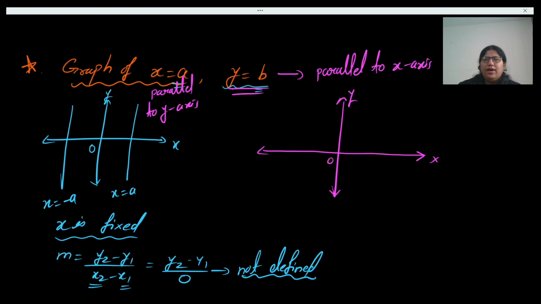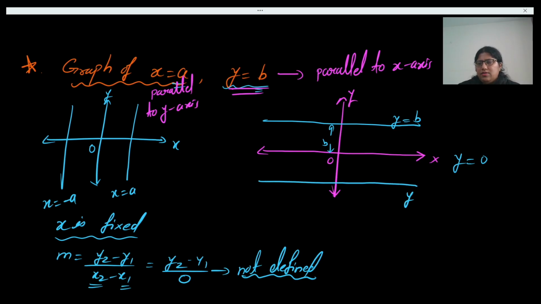Whenever we draw y equals b, this is y equals 0, and a positive value will go above, so this can be y equals b. So you can see that here y is fixed, which is b. Here also I can take y equals minus b. Similarly, the y-axis means x equals 0.